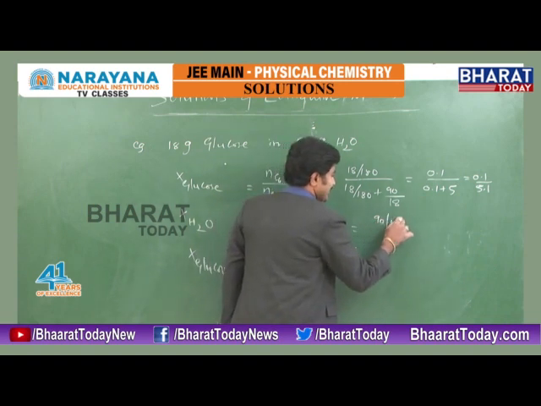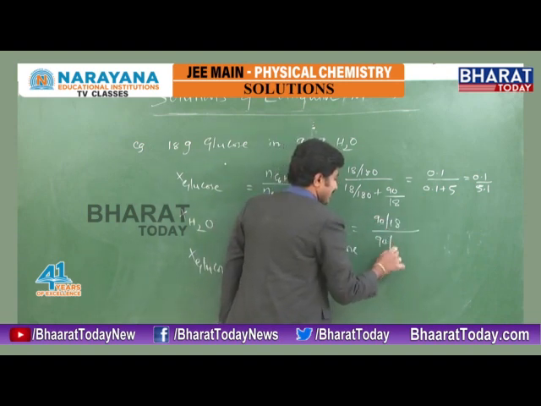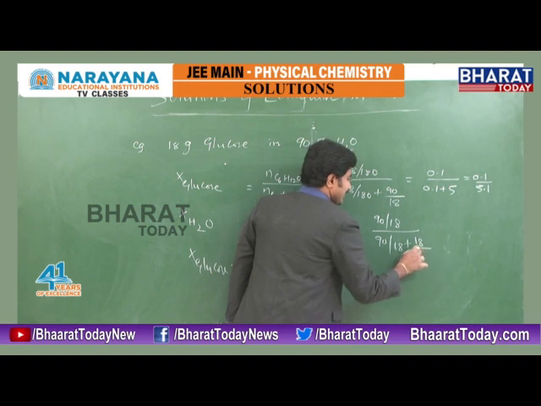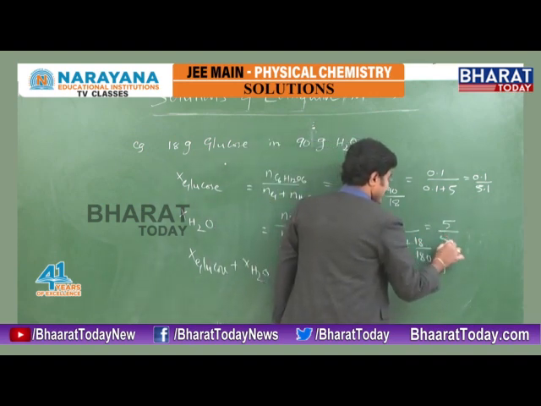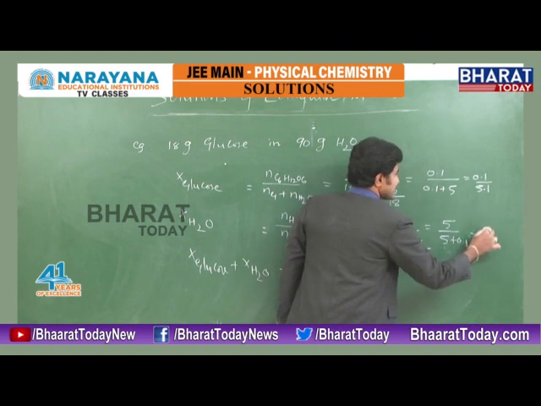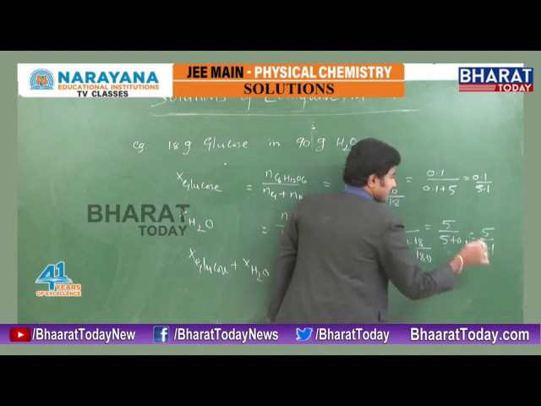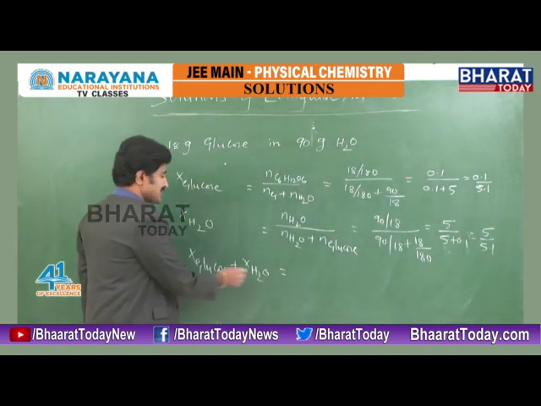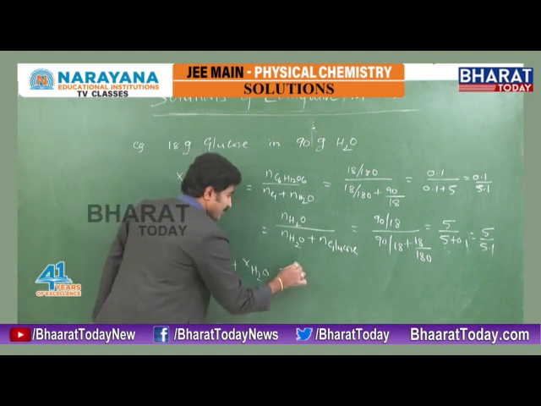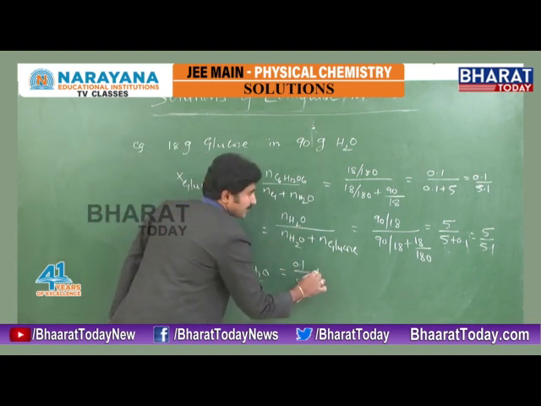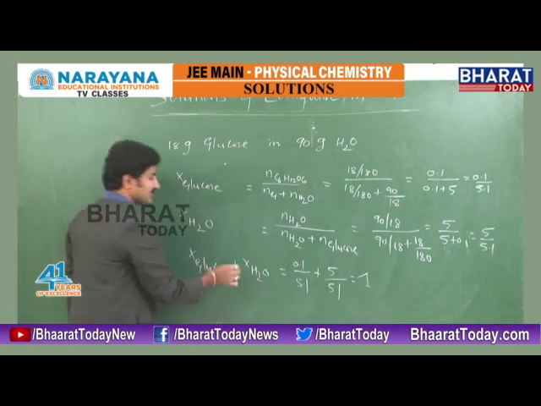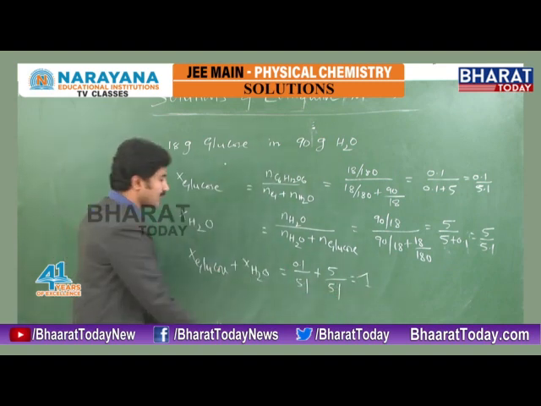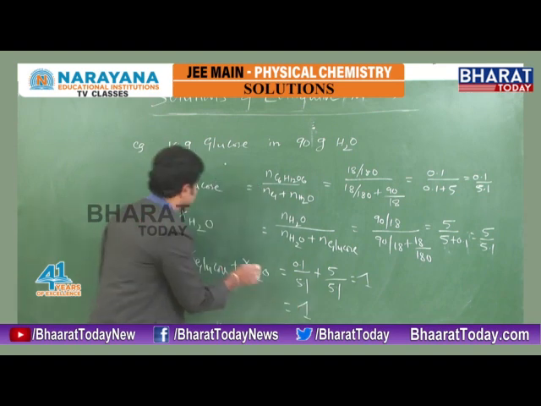This is 90 by 18, divided by 90 by 18 plus 18 by 180. If you simplify, this is 5 by 5 plus 0.1, which is 5 by 5.1. Then what is the sum of these two mole fractions? 0.1 by 5.1 plus 5 by 5.1 is equal to 1. The sum of the mole fractions of all components in any solution is equal to 1.